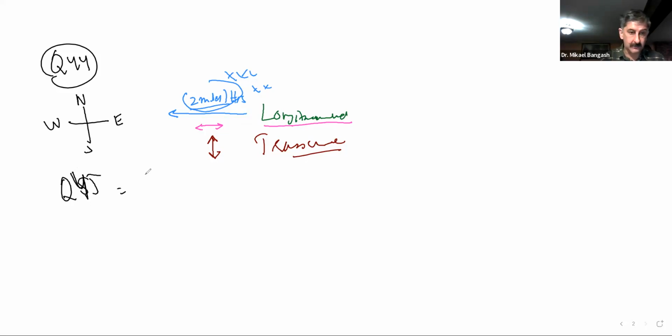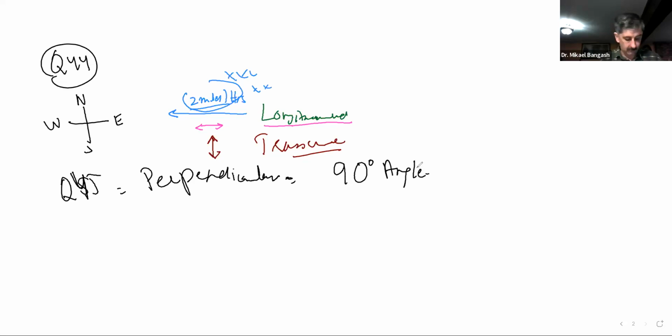Now, guys, please keep in mind that the word perpendicular is what we later call a 90-degree angle, which is also known as a right angle.